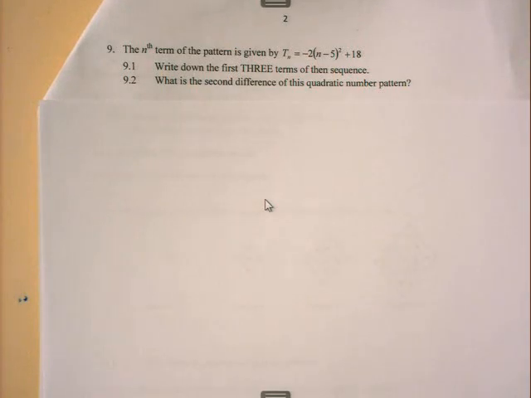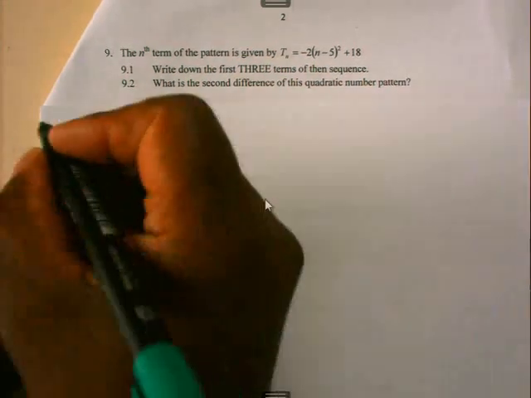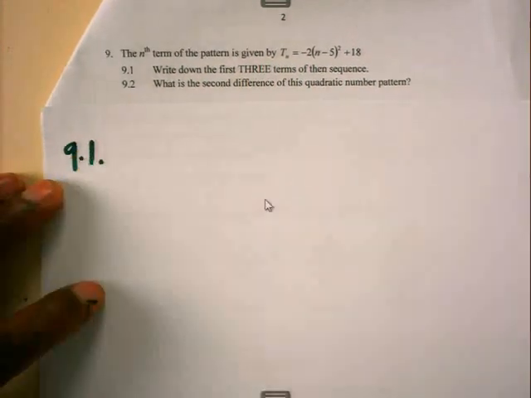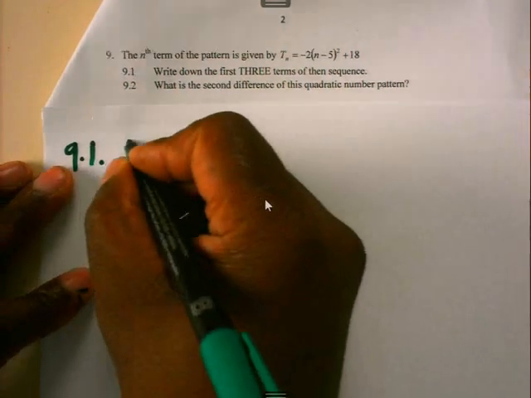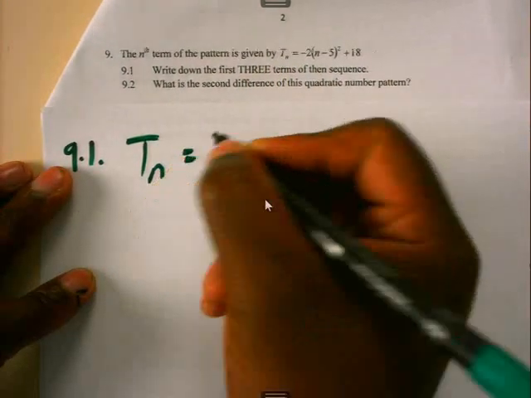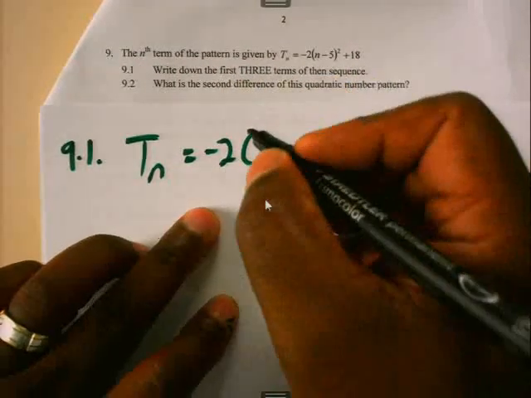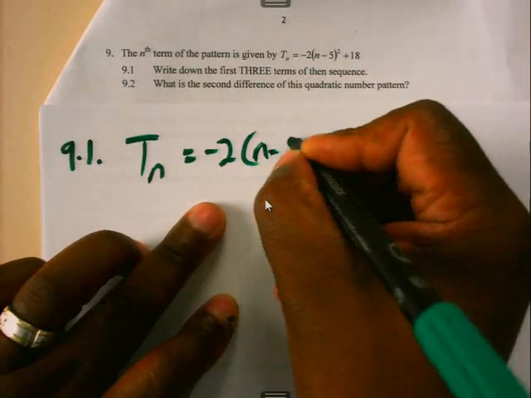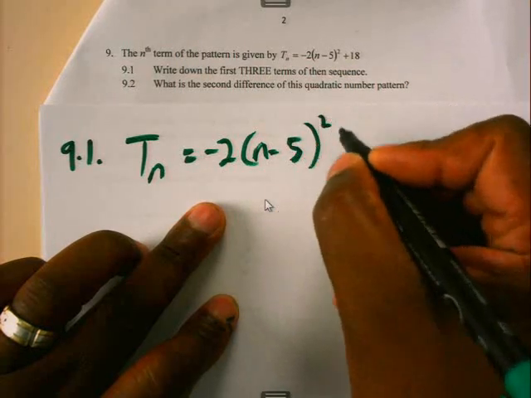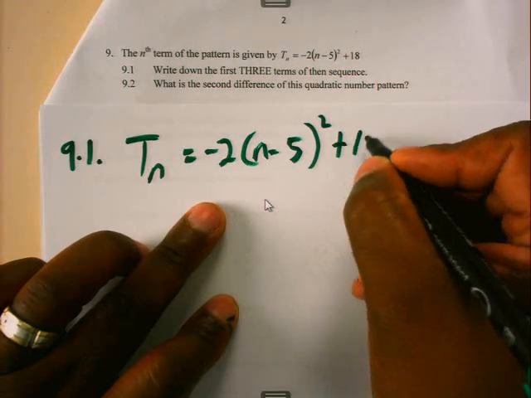Let's answer the question. 9.1. Write down the first 3 terms of the sequence. What is given? We have the nth term, which is equal to minus 2, n minus 5, all squared, plus 18.